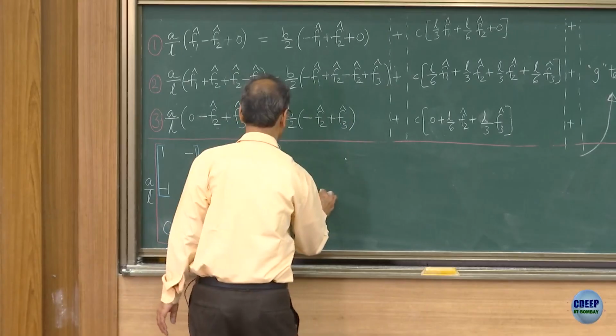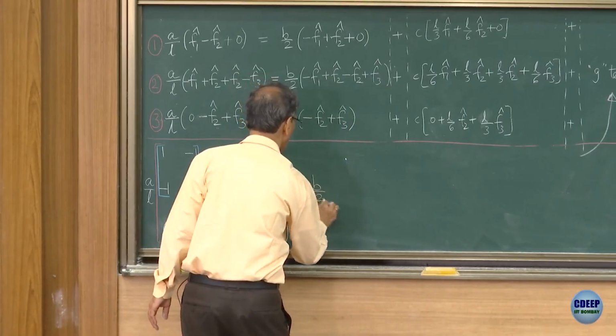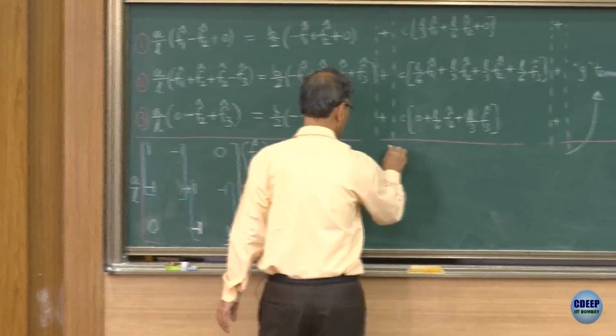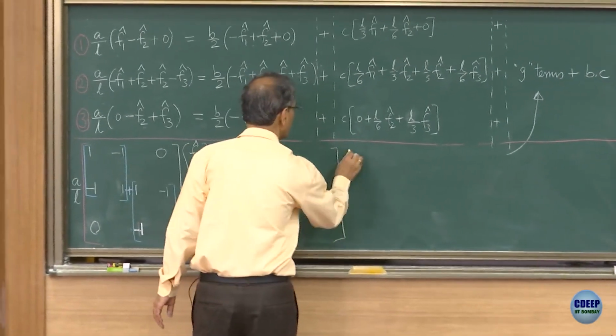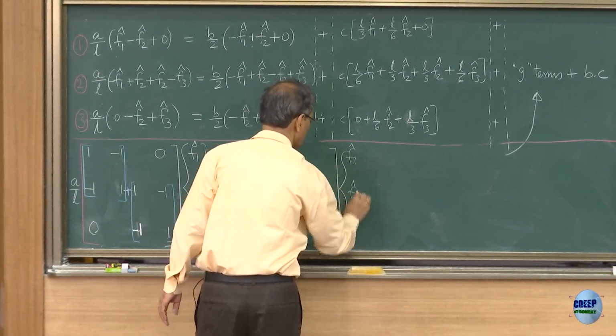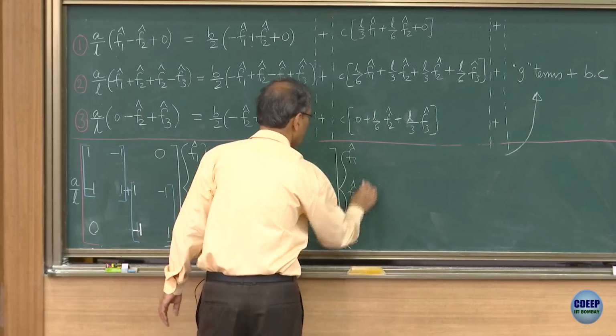B by 2, same thing. I am going to multiply by F1 hat, F2 hat, F3 hat.